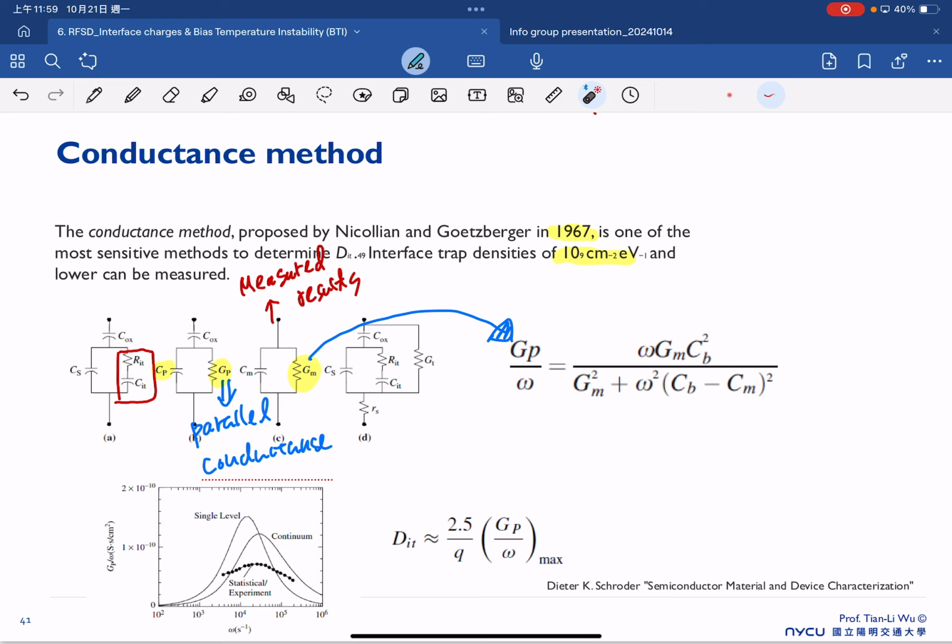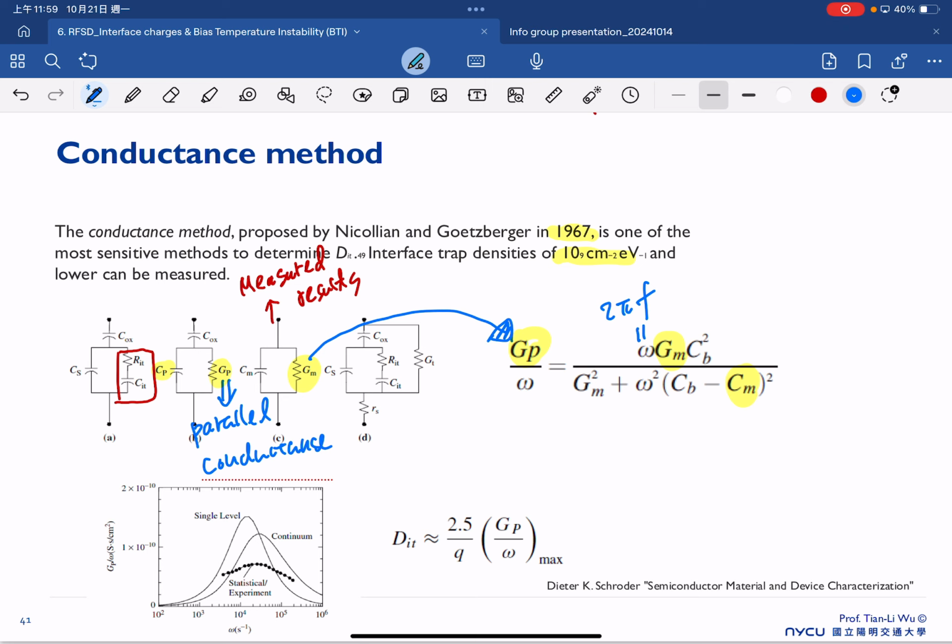And then the GP here, this is parallel conductance, is related to our measured conductance and measured capacitance here. And then omega is equal to 2 pi f. So that means this is frequency related because we have f there.